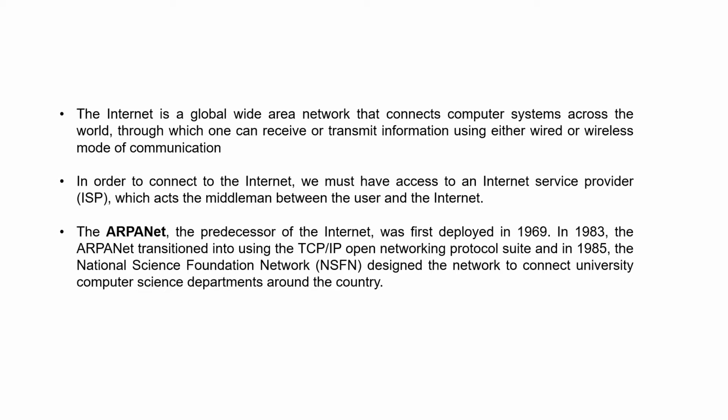In 1983, that same network was transitioned into a network that used the TCP/IP protocol suite, that is Transmission Control Protocol, which had certain rules for transmitting or receiving information.